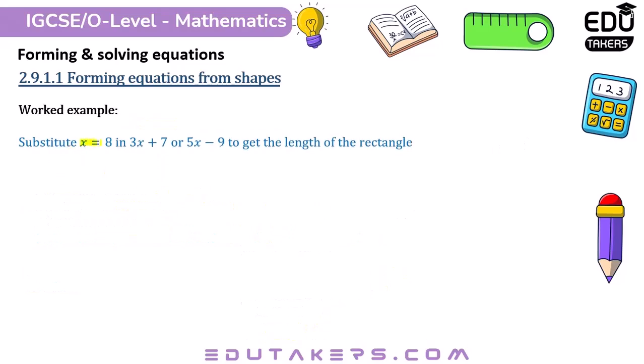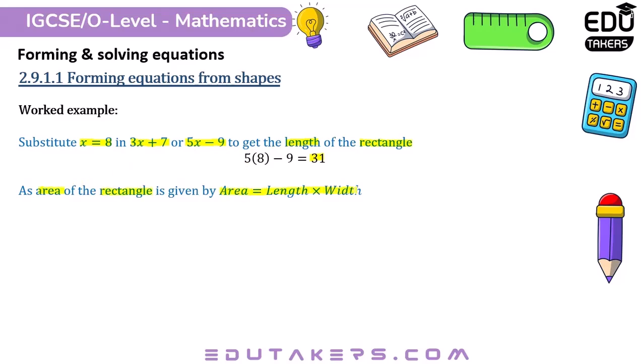Substitute x equal to 8 in 3x plus 7 or 5x minus 9 to get the length of the rectangle. So we substitute it into 5x minus 9. The answer is 31. So the length of the rectangle is 31. As area of the rectangle is given by area equals length times width, substitute the value of area and the value of length in this formula.